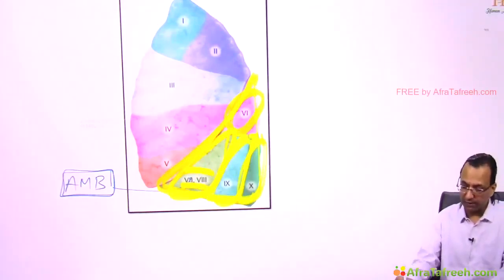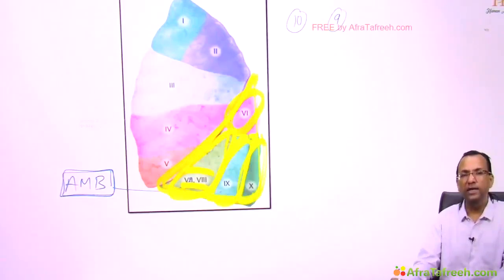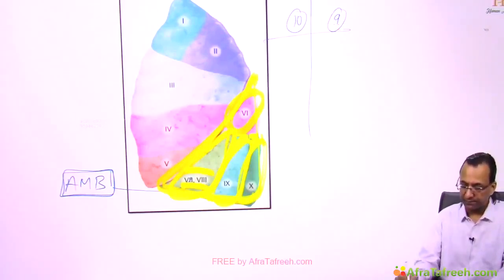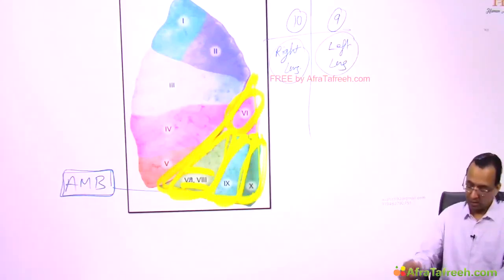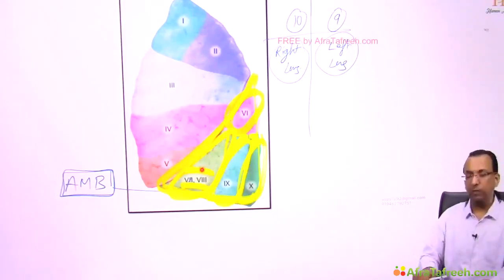Remember, generally speaking, the right lung will have 10 BPS and the left will have 9. This is given by Gray's anatomy and Schwartz surgery. They say that the right lung has 10 BPS and the left lung has 9 BPS. But why does the left lung have 9 BPS? Because the anterior and medial basal have joined to become one anteromedial basal BPS.